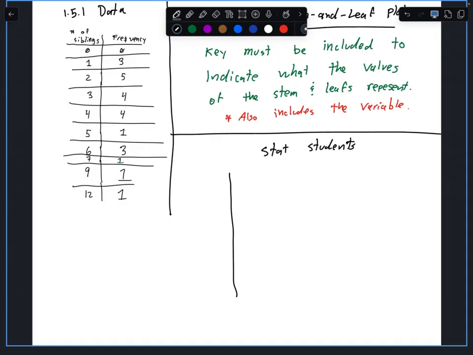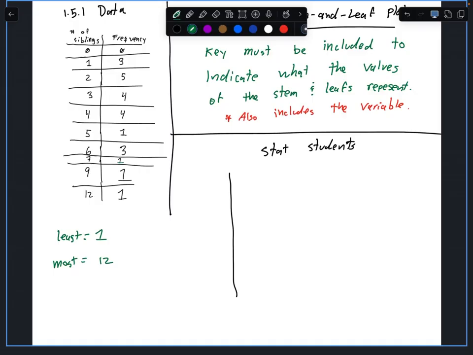What is the lowest number? 1. So the minimum was 1, and the most was what? The least number of siblings was 1. The most number of siblings was 12.